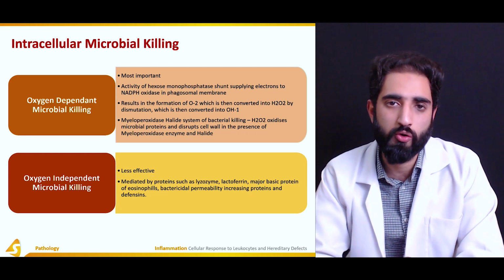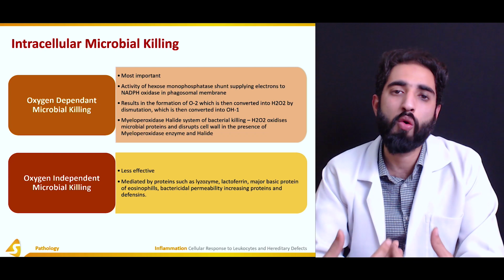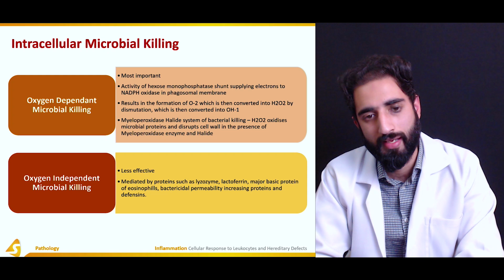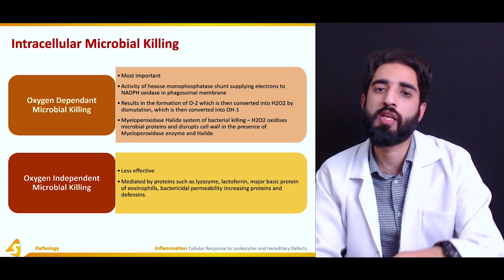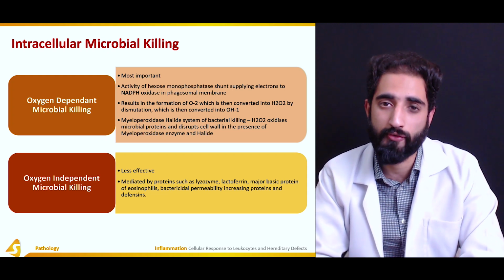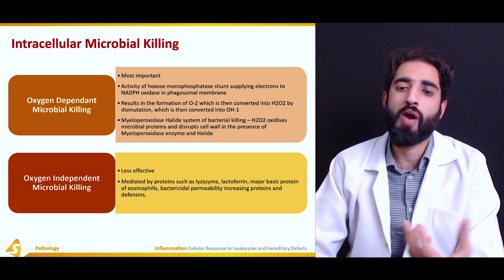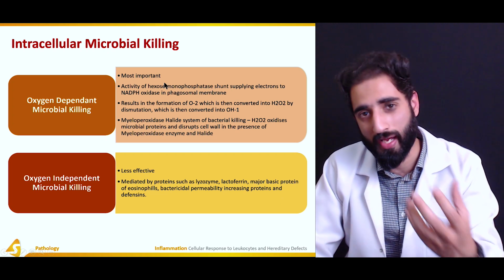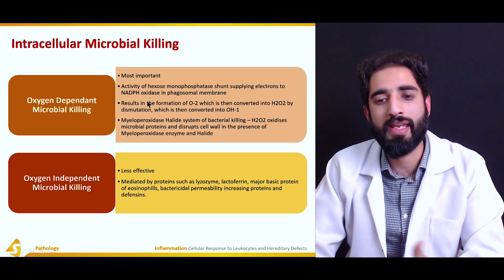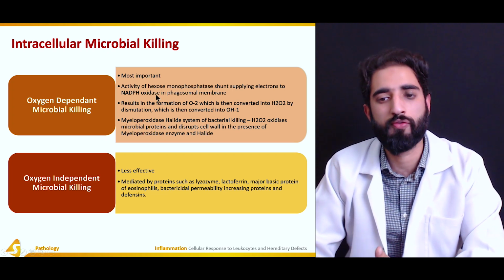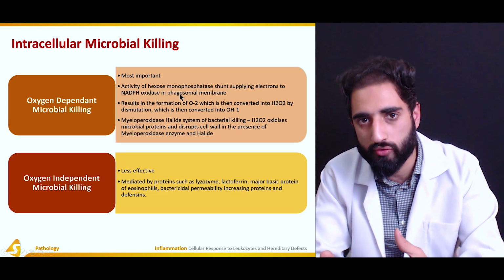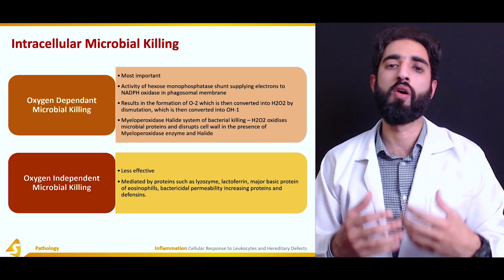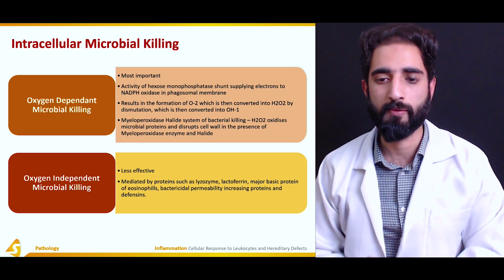The oxygen dependent microbial killing is the most important type of degradation phenomenon, because in this oxygen is utilized and it is more effective. It occurs via the activity of the hexose monophosphate shunt, which supplies electrons to NADPH oxidase in a phagosomal membrane. Phagosome is that vacuole in which the internalized microbe or the product was present.